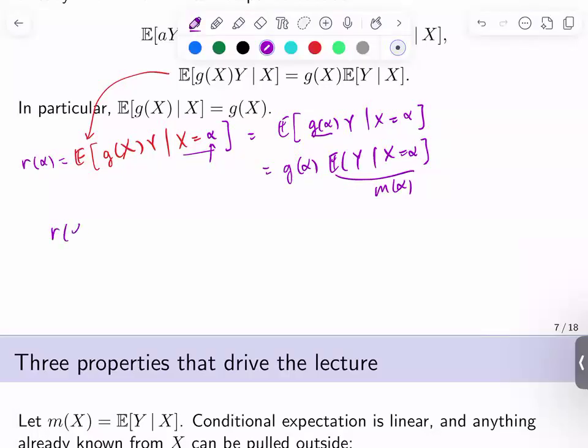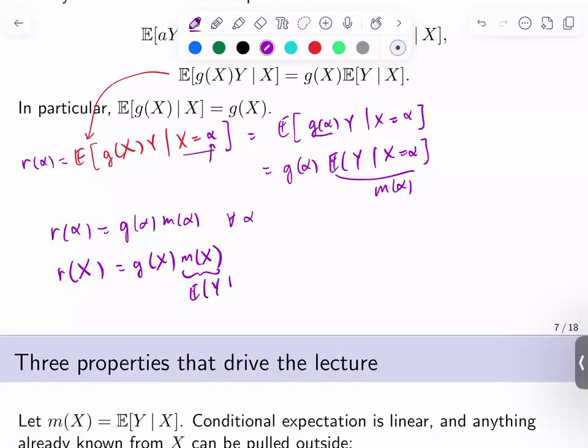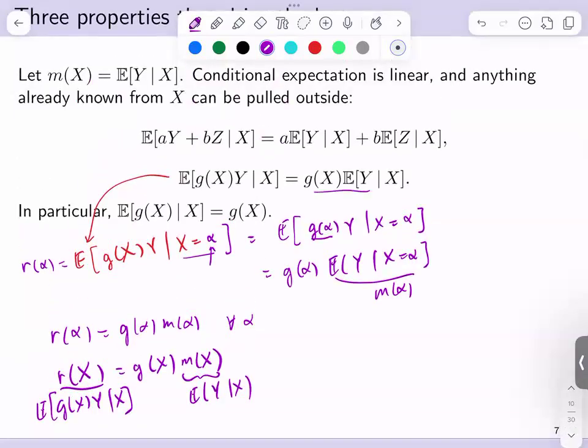This is saying r of alpha is equal to g of alpha times m of alpha. This holds for all alpha, so I'm going to replace alpha with x, and this should be g of x times m of x. Okay, so this is really the expectation of y given x, and this is the expectation of g(x)y given x. And so it shows that this is equal to g of x times that.